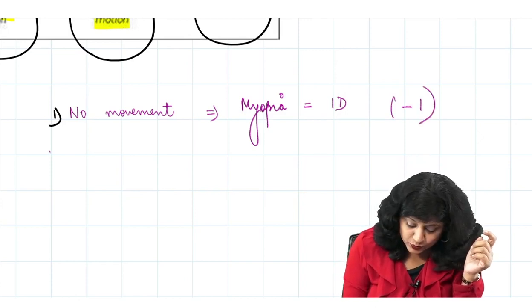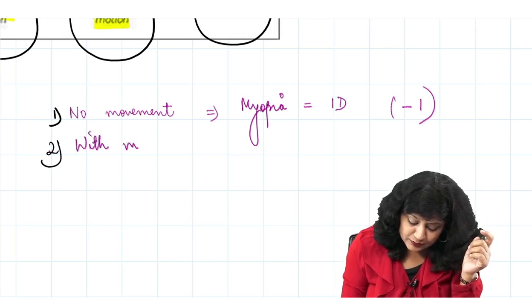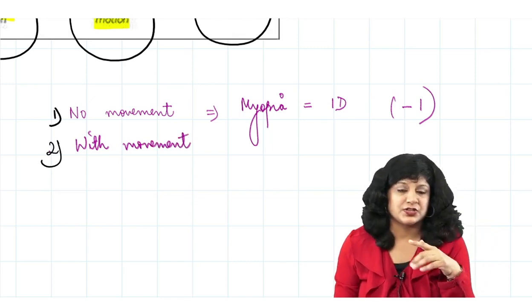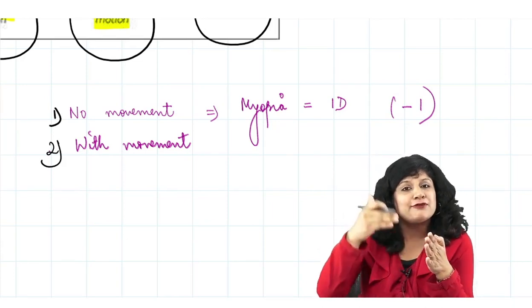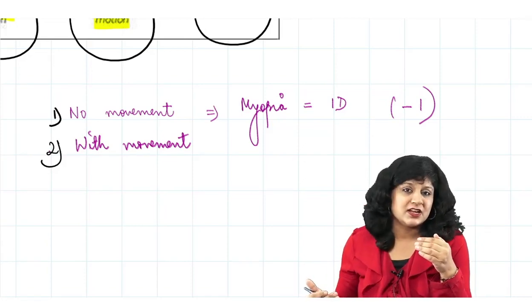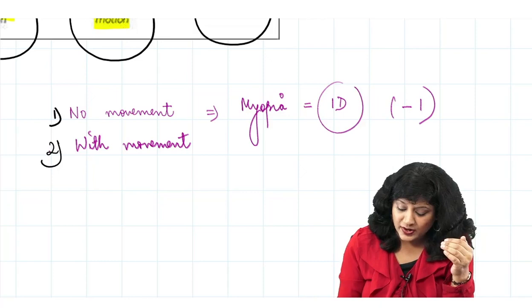Then number 2, if the patient is having the with movement. With movement means the movement in the same direction. When you are getting the same direction, that means the refractive error is going on the lesser power side. So what can be the power lower than -1 diopter?